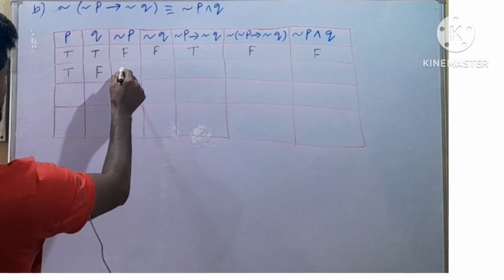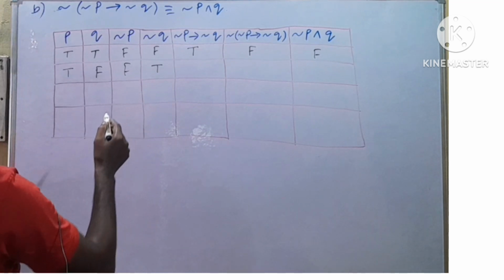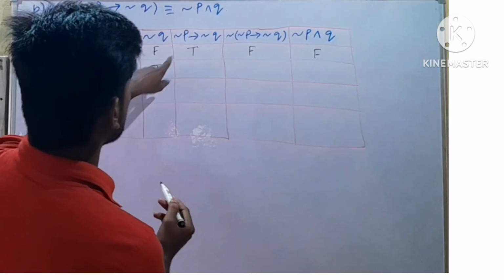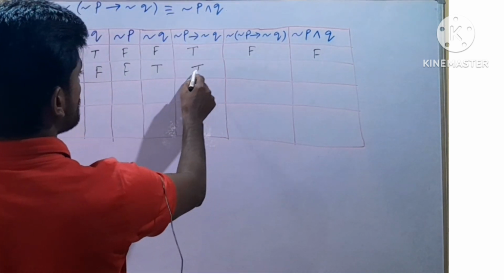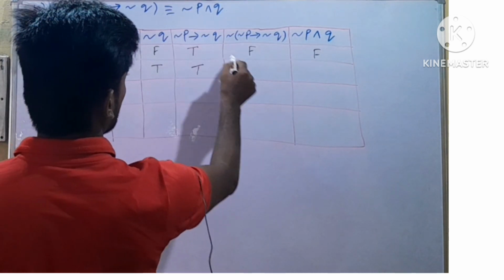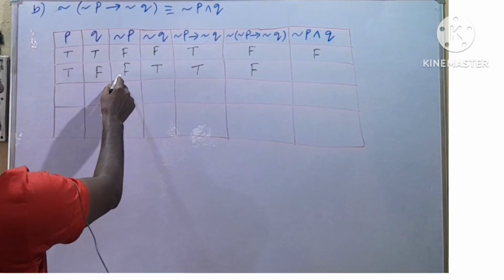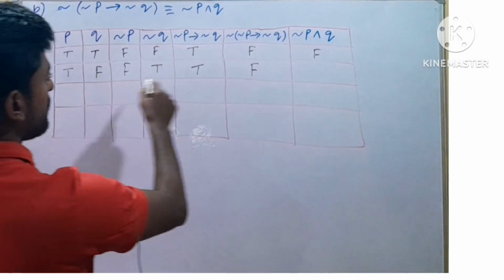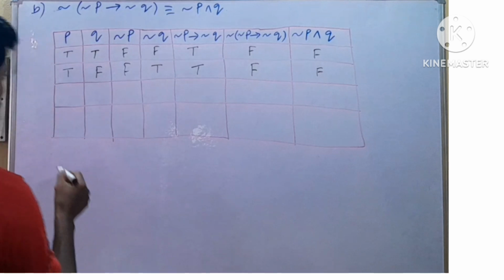Then negation of P will be false and negation of Q will be true. Since negation of P is false, negation of Q is true, the conditional will be true. Since this one is true, its negation will be false. Now negation of P is false and Q is false, so the conjunction will be false.